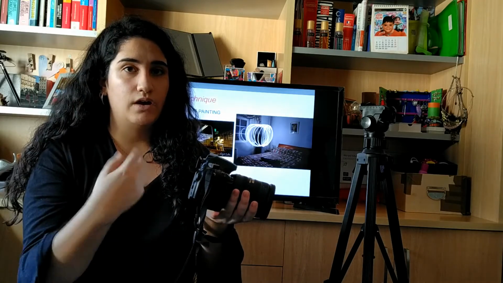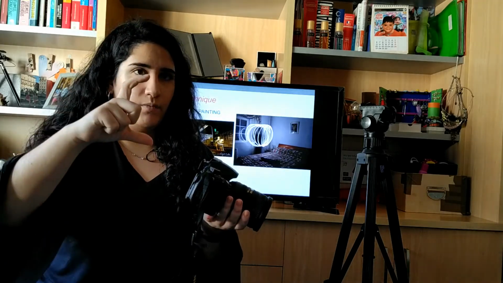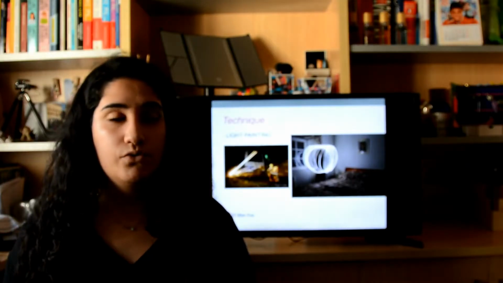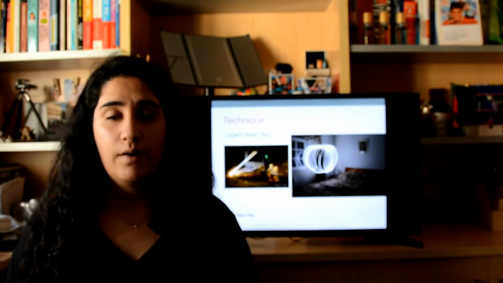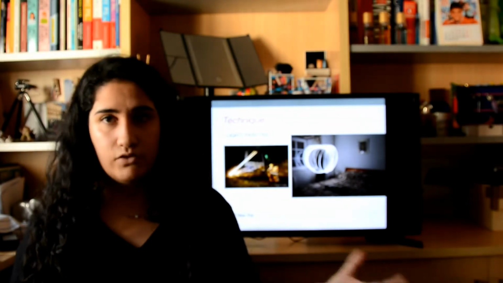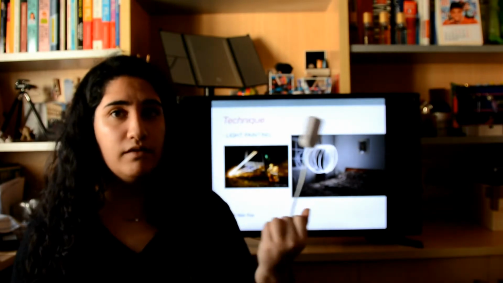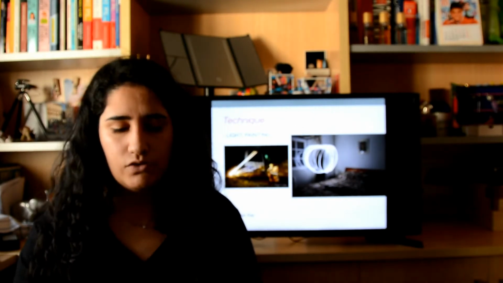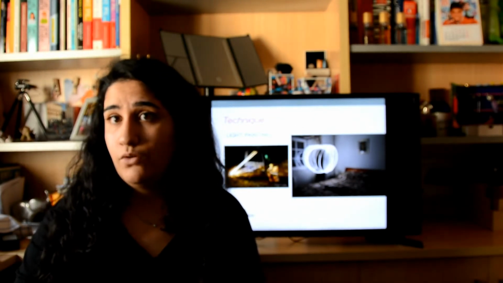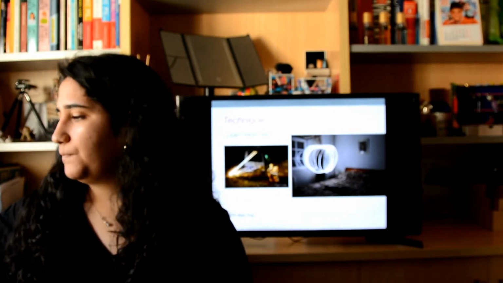The two sounds are the time that the camera shutter is open. So, how do I do it? I'm going to explain with the camera. I go to a dark room, I set the camera shutter between 8 and 20 seconds and I make movements with my light. Every movement that I make is captured by the camera.